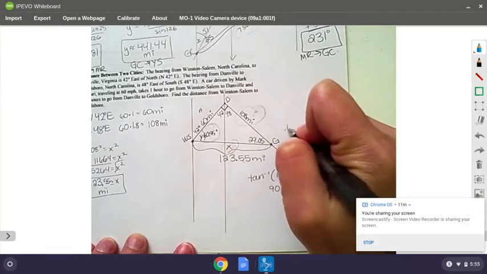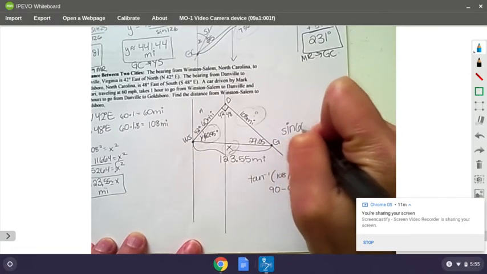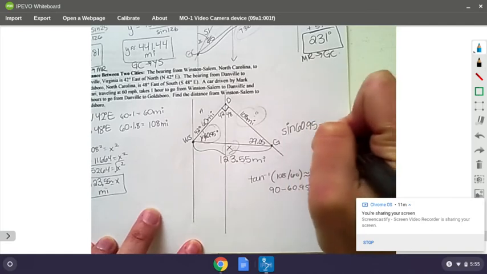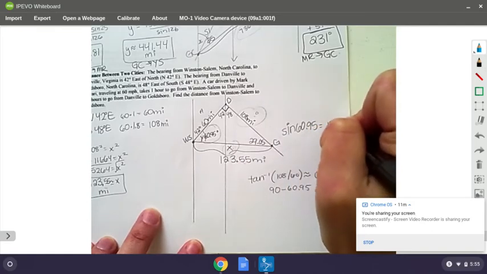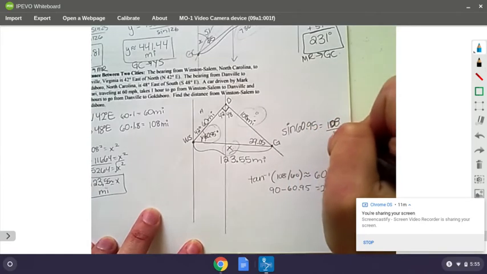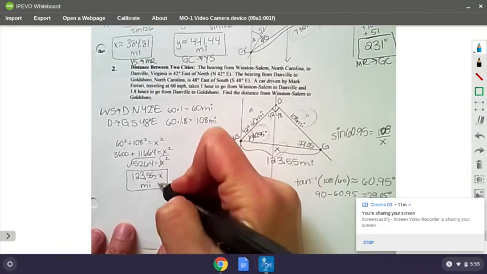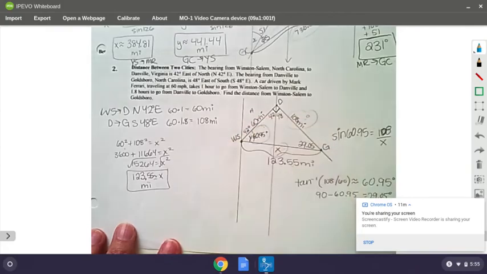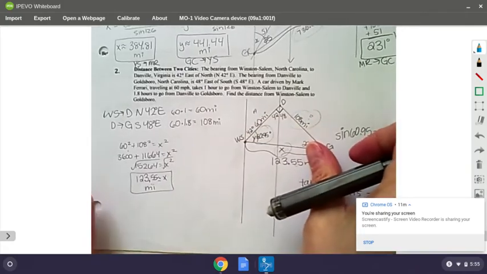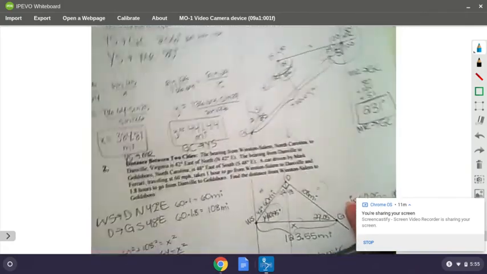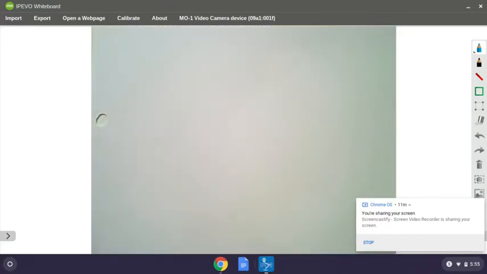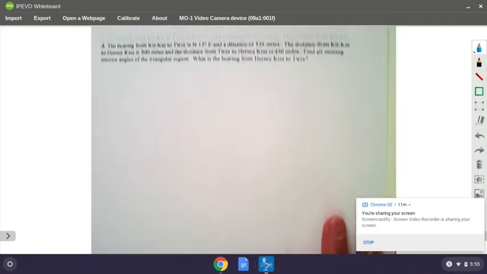So you could have done sine of 60.95 equals 108 over x, and you would have solved and gotten 123.55. Either way works. All right, so that's that one. That last one was a little funky because they only gave you one bearing, so that means that you had to find all of the angles.